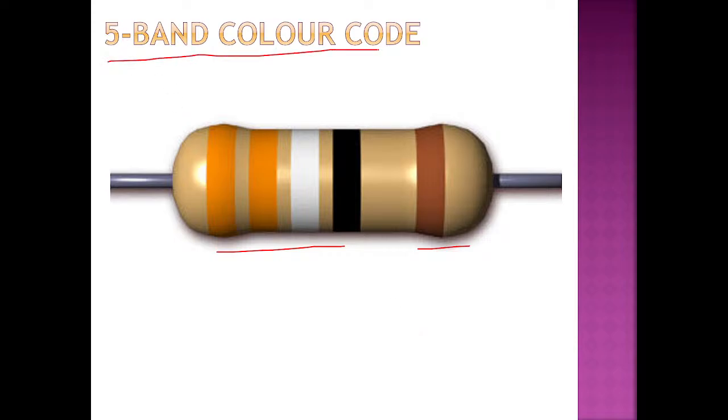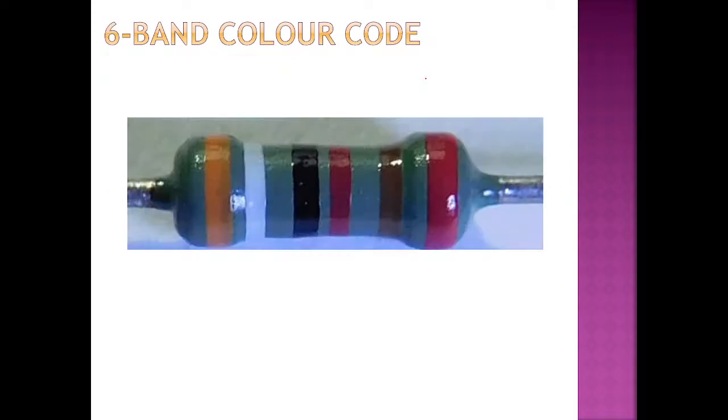Instead of the 5-band color code, the 6-band color code is also available. You can see here total 6 colors are there: 1, 2, 3, 4, and 5 and 6.